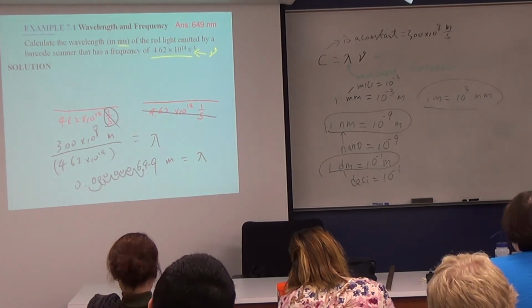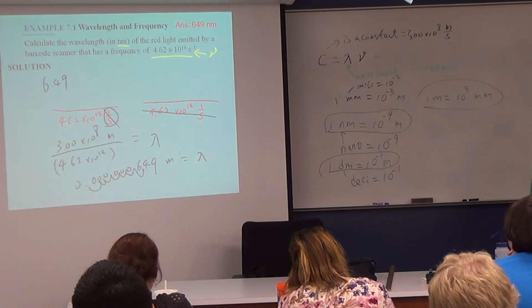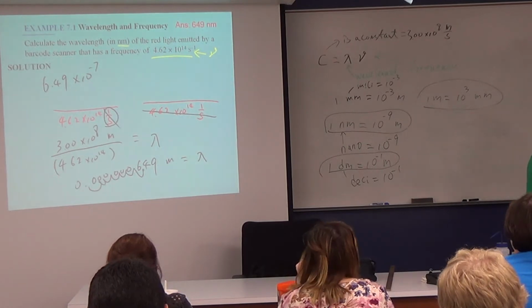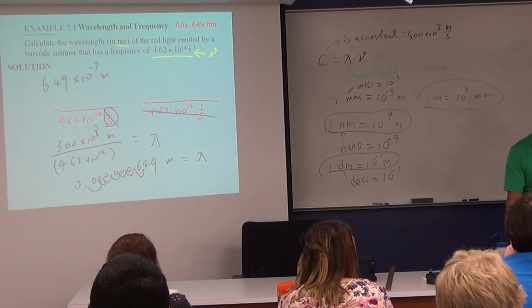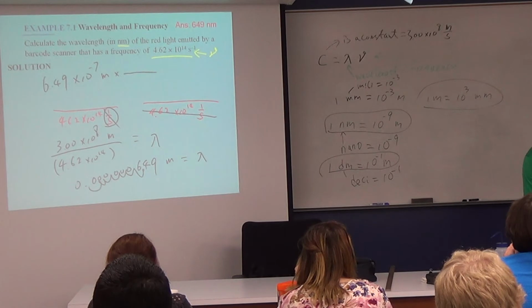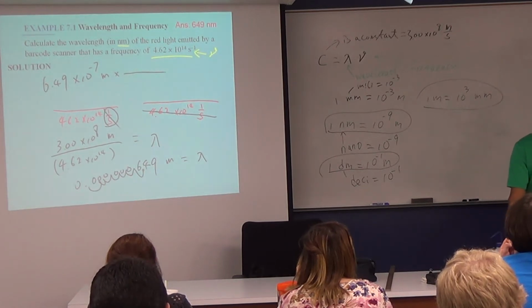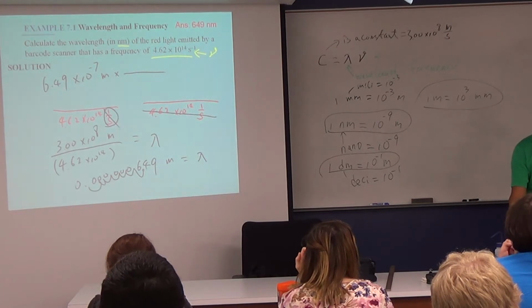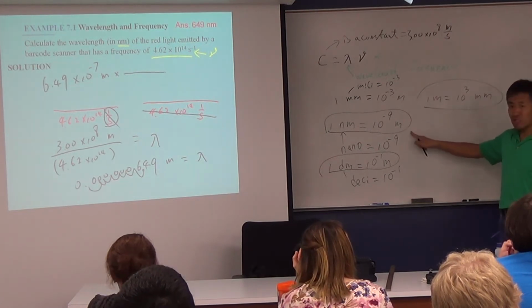I can write 6.49 times 10 to the, how many times did I move to the right? 7 times, so therefore it will be negative 7. And right now it has the unit meter. Our purpose in using the conversion fractions is to cancel out the meters and get what you want. What you want is nanometers. So you can pick out this equation.